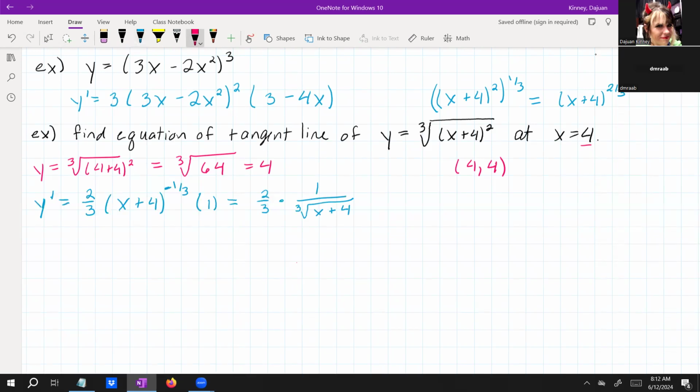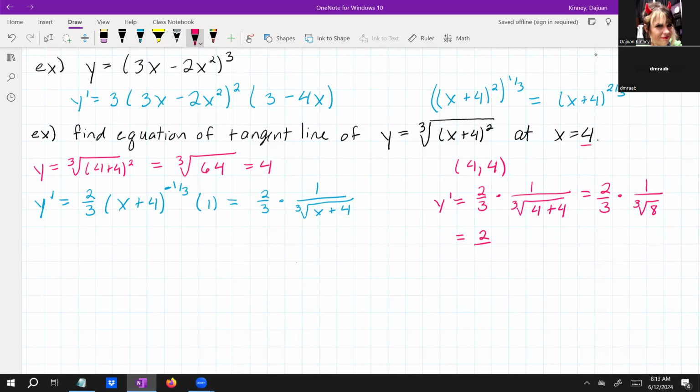I'm just going to plug in. So y prime equals 2/3 times 1 over cube root of 4 plus 4. Two-thirds times 1 over cube root of 8.